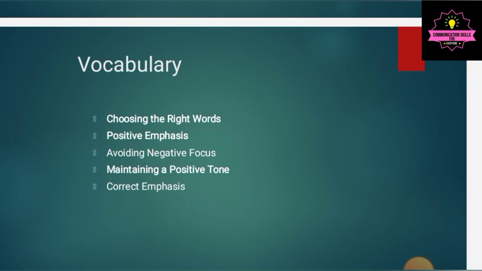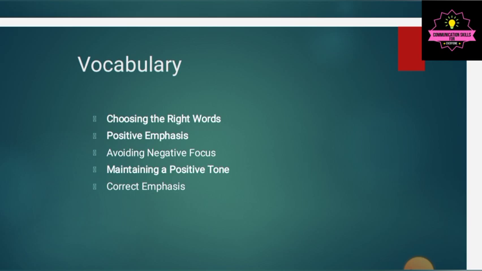Example, this problem is difficult, so you can say this challenge is an opportunity for growth. Similarly, maintaining a positive tone, use positive language to inspire and motivate. Example, using encouraging words to boost morale, and also avoid words that can discourage or demotivate. So refrain from negative phrases like this is impossible, this is difficult, and all negative things.